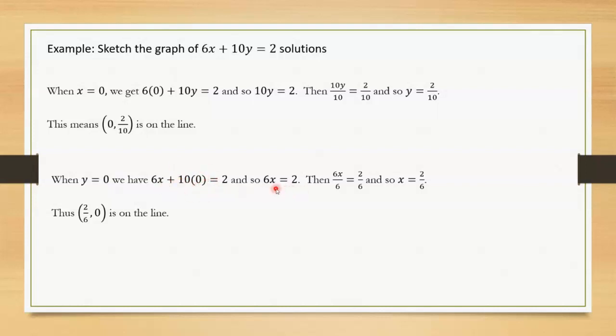How do we get x? We divide both sides by 6, as I'm doing. And doing so, we end up with x equals 2 over 6. Which is the same as a third, I know, but again, I didn't really go into reducing fractions into lowest terms.